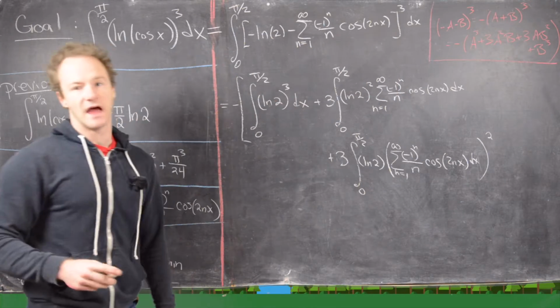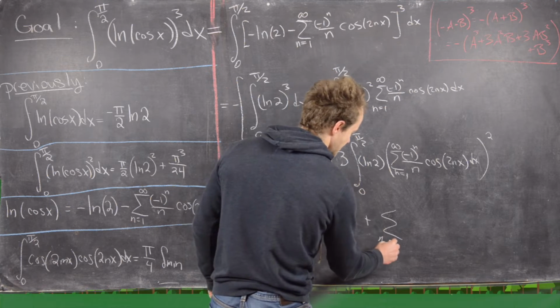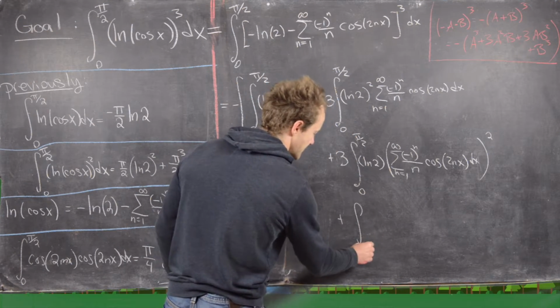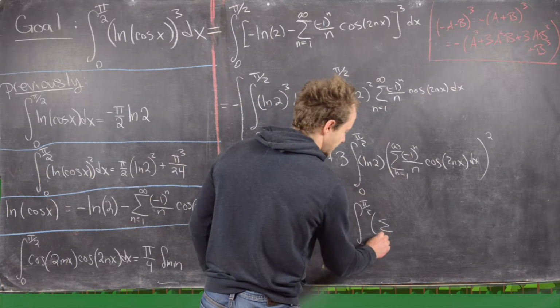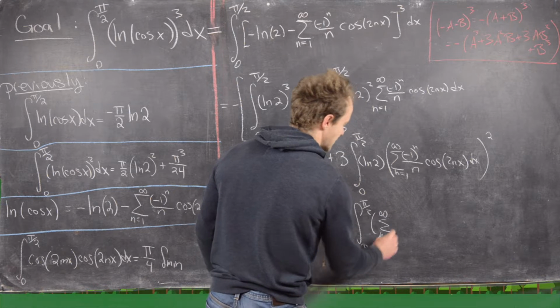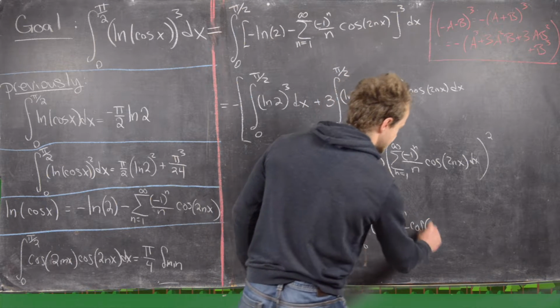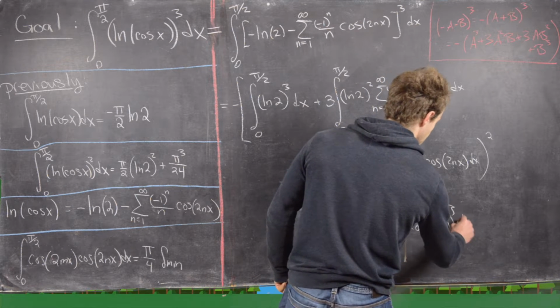And then finally, plus this integral from 0 to pi over 2 of the cube of this sum, n equals 1 to infinity of minus 1 to the n over n cosine 2nx, the whole thing cubed dx.